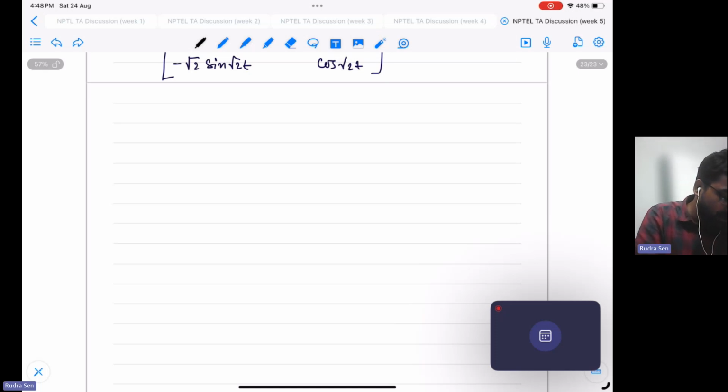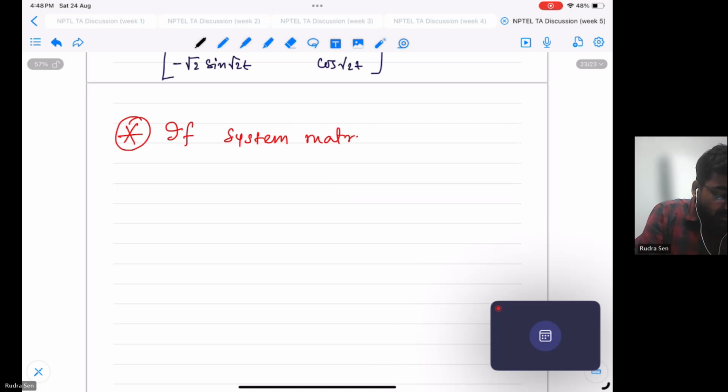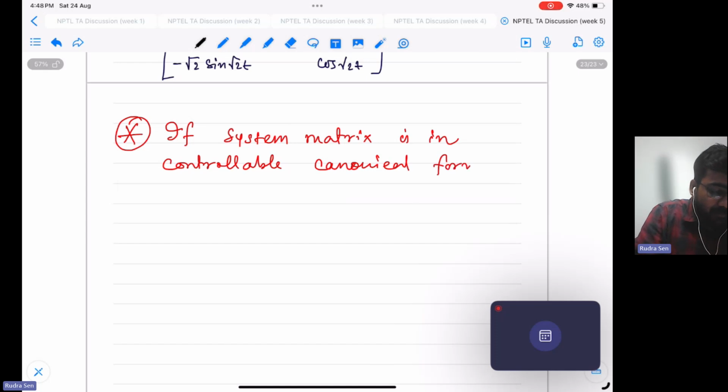If your system matrix, which is sometimes called the A matrix, is in controllable canonical form, let's say A is equal to [0, 1, 0; 0, 0, 1; -a0, -a1, -a2].